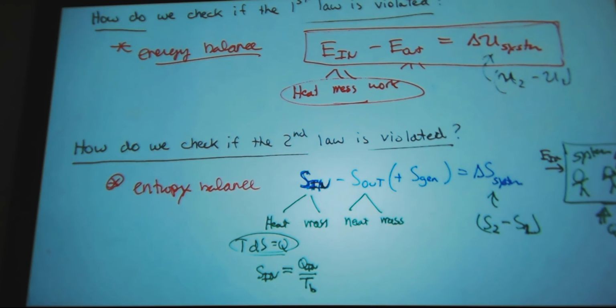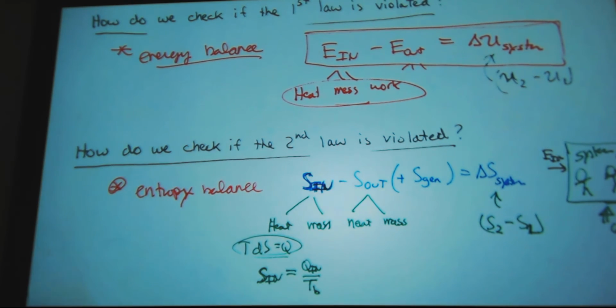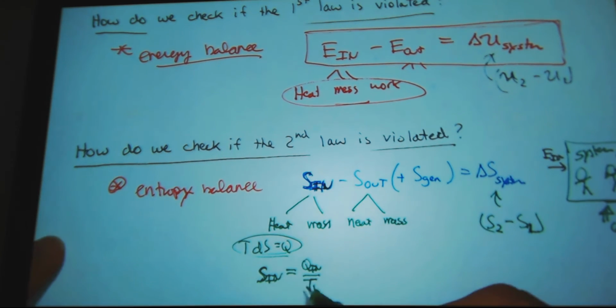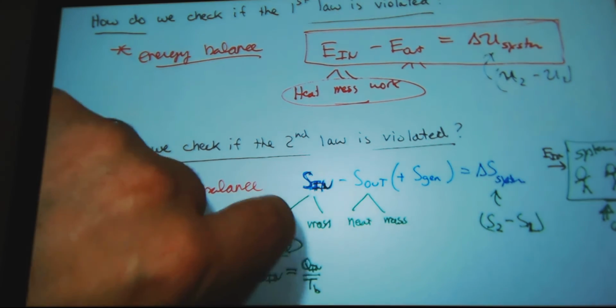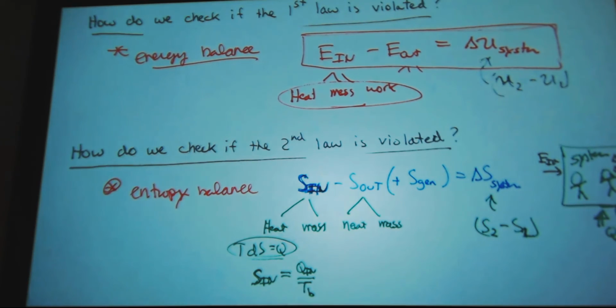So if it was S-dot, does that make S in like the rate at which? Yeah, so this is kind of an approximation, the way I've written it. Really there's an integral and it's dQ, but I'm just doing the simplified way of writing this out. I can write entropy in is Q_in over T_b.